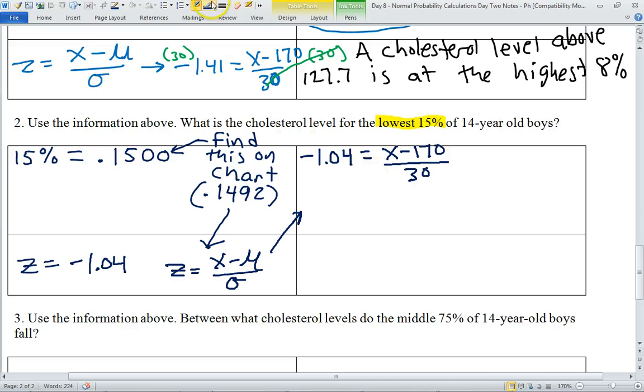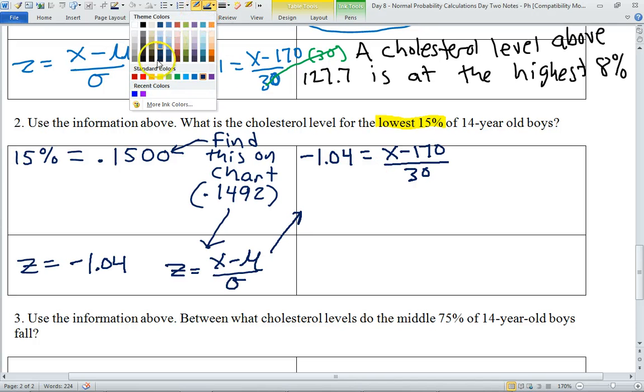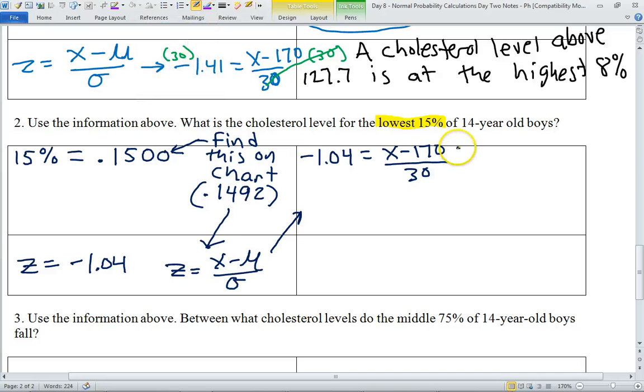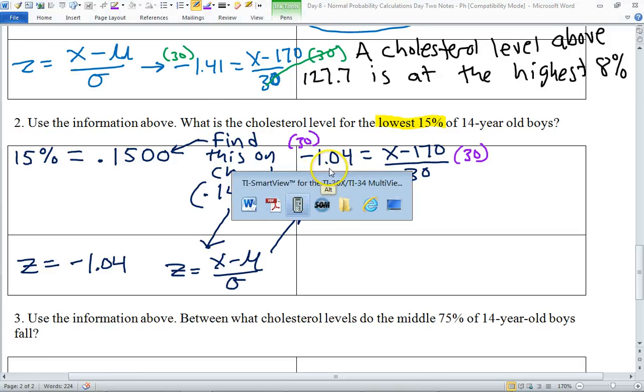How do I solve this equation, guys? One more time, I need to multiply both sides by 30. So I need 30 times negative 1.04.